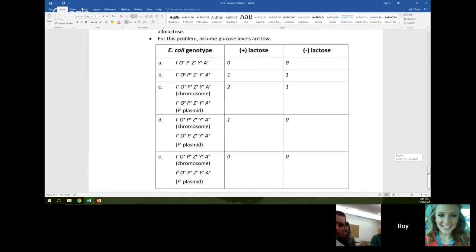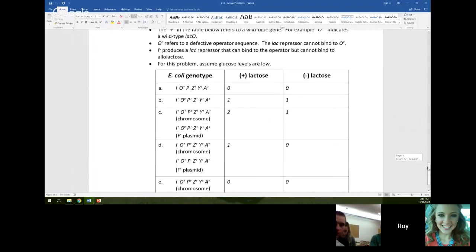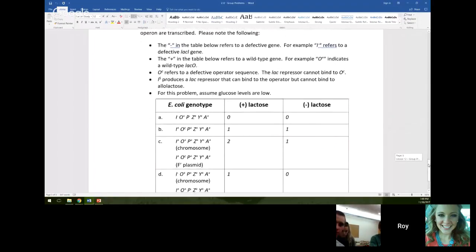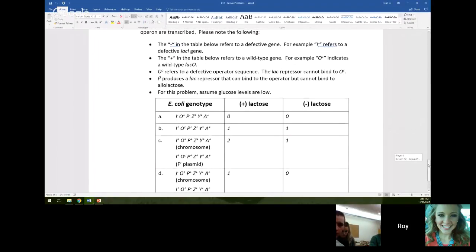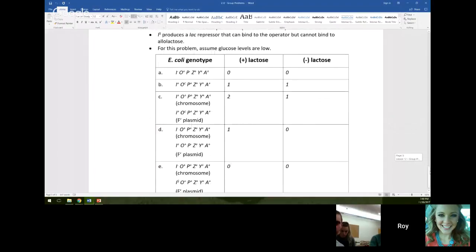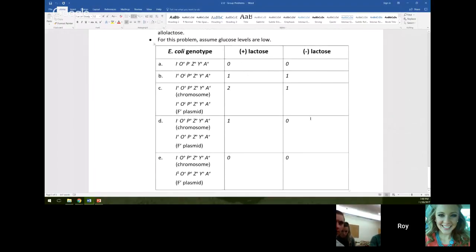So basically you end up doing the same thing as what Roy was describing in reading the genes in number 4. And so for A, when you have lactose or when you don't have lactose, you get no yellow color. So it's 0s for both because it's non-inducible. For letter B, you get 1 with lactose and 1 without lactose.